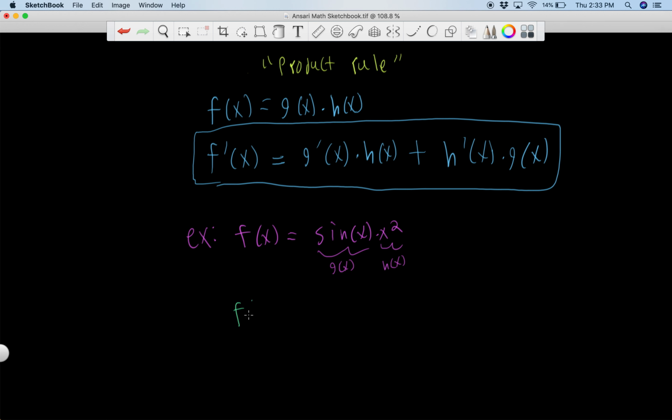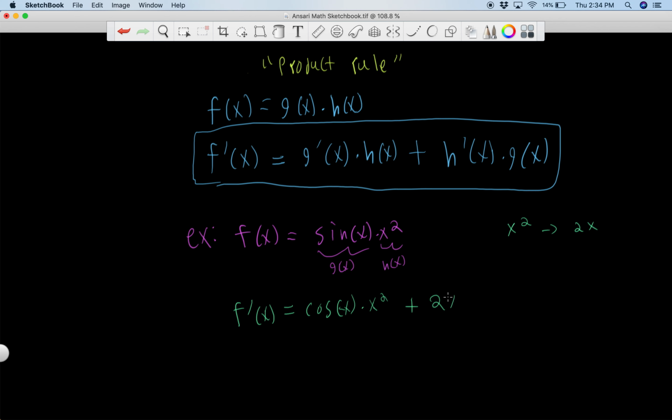Say that f prime of x is equal to g prime of x times h of x. So g prime of x is the derivative of sine of x, which is cosine of x, times h of x, which is just x squared, plus h prime of x times g of x. So h prime of x is the derivative of x squared, which is 2x.